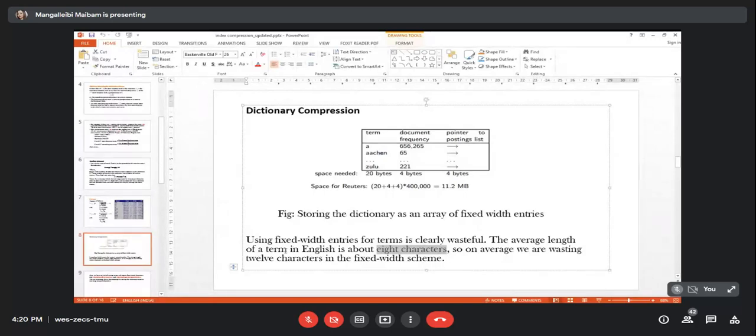So you can see here, if we use a fixed width entry, then the average length of an English term is about 8 characters only. So normally, if we use 8 characters out of 20 bytes, that means 8 bytes we use, we have wasted 12 bytes.